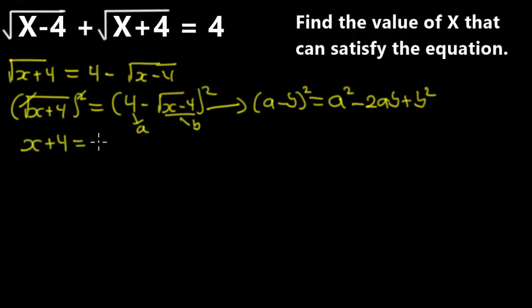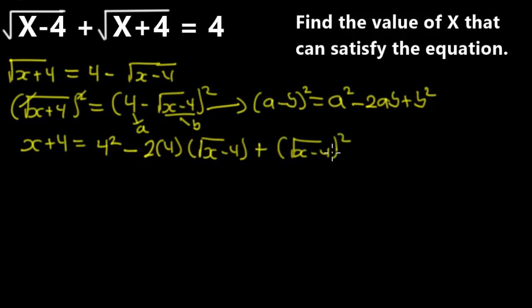So we have 4 squared minus, then we have 2 times ab. So a over here is 4 times, and then we have b to be the square root of x minus 4, and then we have plus b squared. So you're going to have plus, and then b is this term, so you're going to have the square root of x minus 4 all squared.